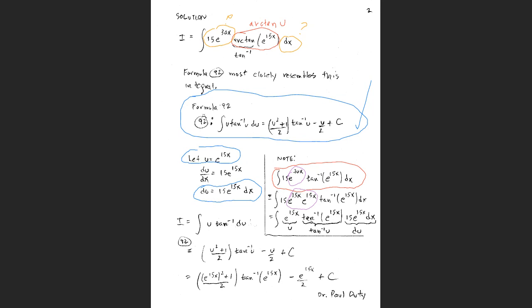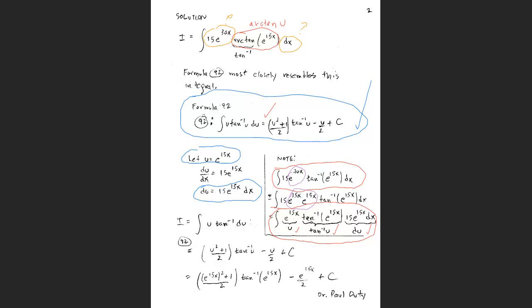Then, reordering the terms in the integral, I get the integral of u times the arctangent of u du. And so formula 92 works.